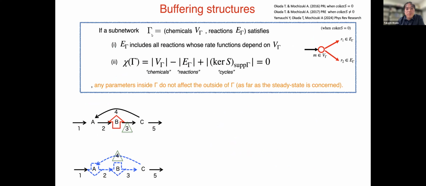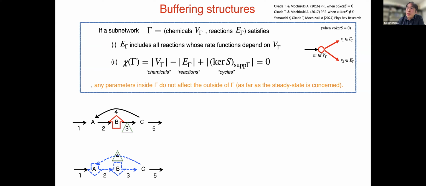Suppose that a subnetwork gamma satisfies the following two conditions. First, the reactions of gamma include all reactions whose rate functions depend on chemical concentrations inside gamma.